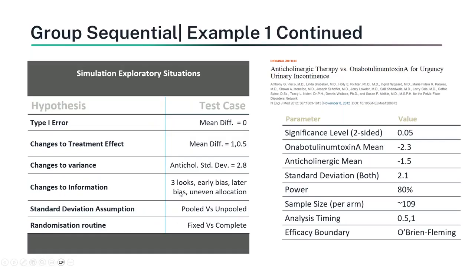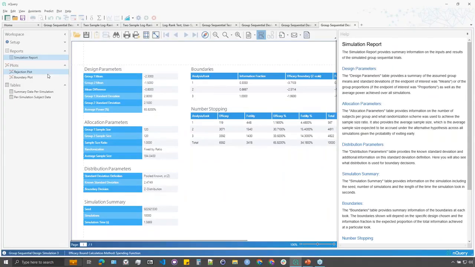So now let's take a quick look at changes to the information fractions. This is especially important if you had a survival trial. I'm teasing what's coming later, but if you did have, let's say, an early bias, which is to say that the majority of the sample size happened early on in the trial, or sorry, at the early analysis.